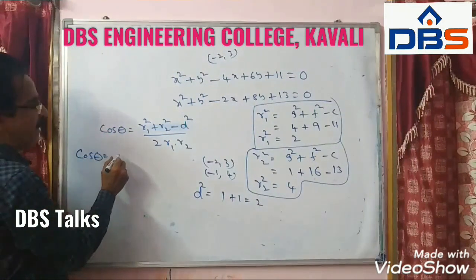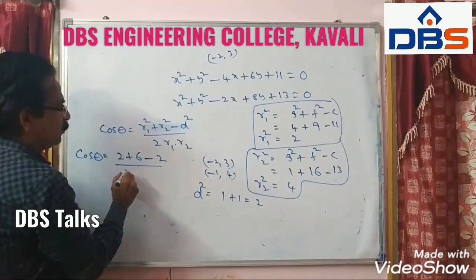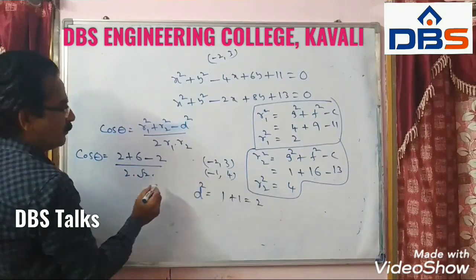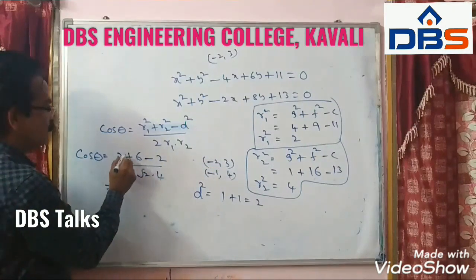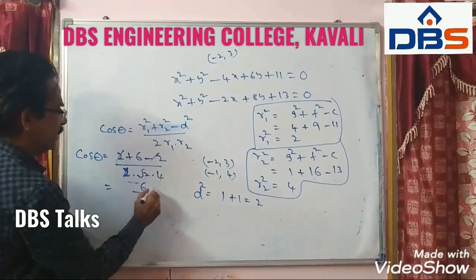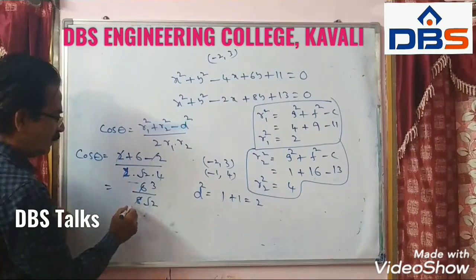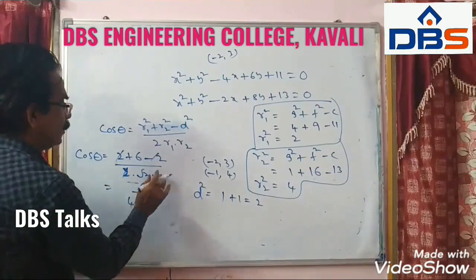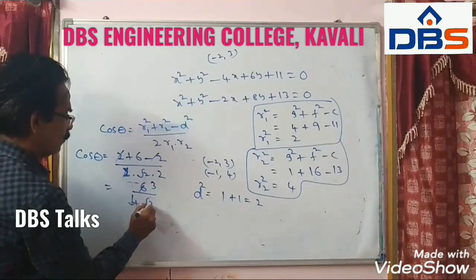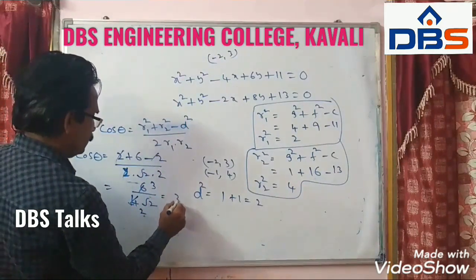Cos theta is equal to r1 square 2 plus r2 square 4 minus d square 2, by 2 into r1, root 2, into r2, 2. This gives 3 by 2 root 2.